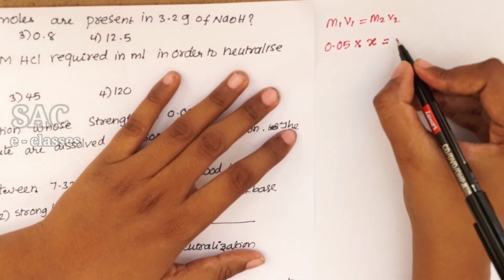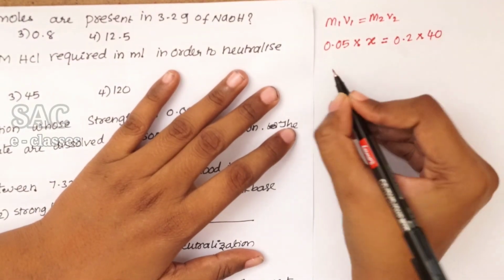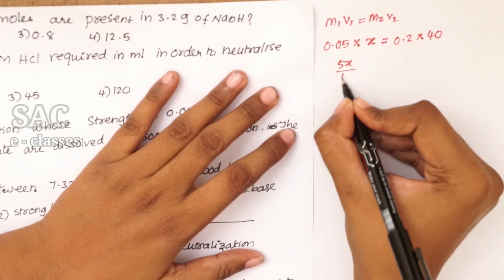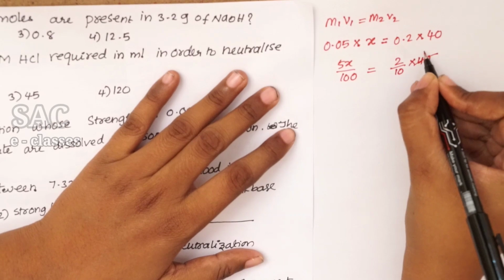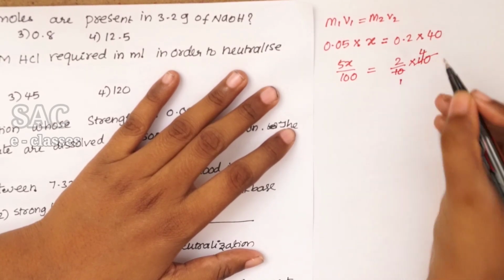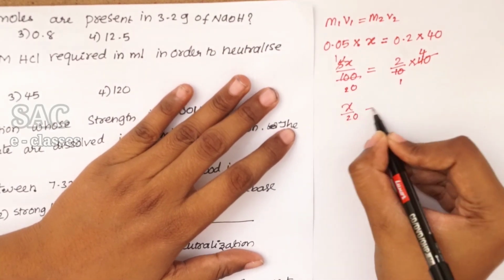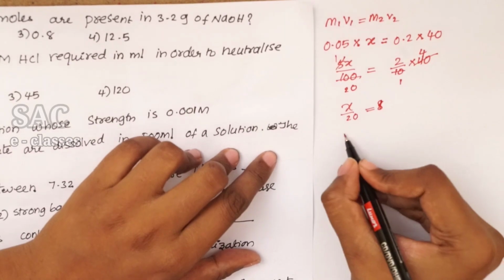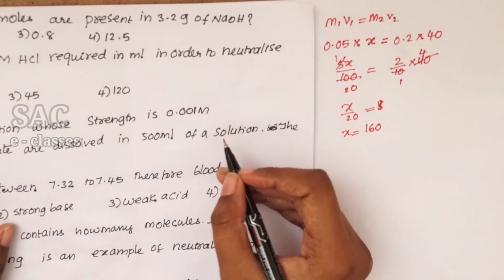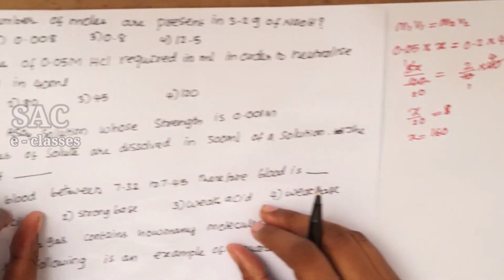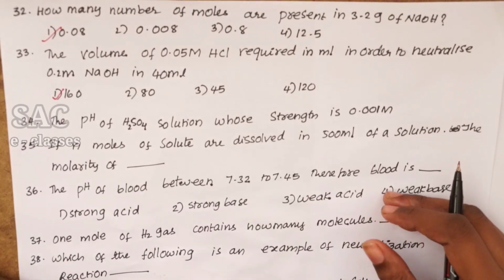Let us take X as V1. 0.2 into 40. 5x by 100 is equal to 2 by 10 into 40. X by 20 is equal to 8. Then X equals 160 milliliters of HCl is required to neutralize the 0.2 molar of NaOH in 40 ml.